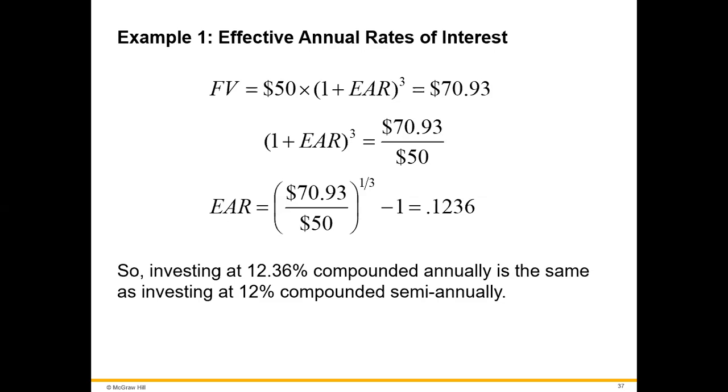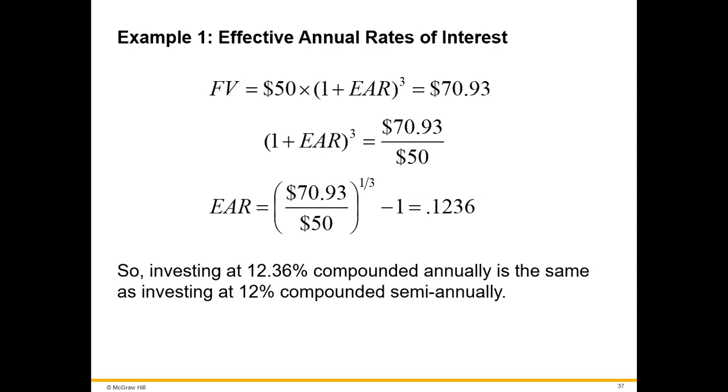So the effective annual rate is 12.36%, and it is because we're not just compounding once a year. Since we're compounding more than once a year, the amount of interest will increase. Why? Because after the first 6 months, we calculate interest from the beginning of the year's investment to the end of the first 6 months.